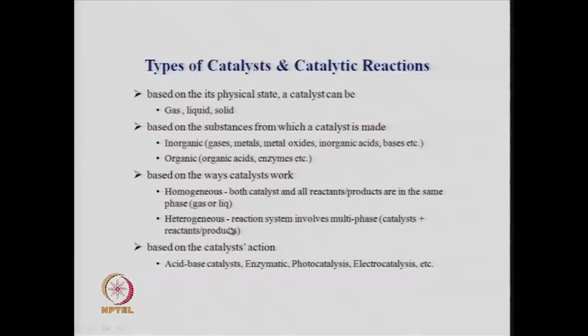Whereas a heterogeneous process involves more than one phase. You have a catalyst which may be a solid, and you may have reactants or products which are in solution or which are liquids. So, when you have two or more types of phases, it is called heterogeneous catalysis. So, you have homogeneous catalysis and heterogeneous catalysis.